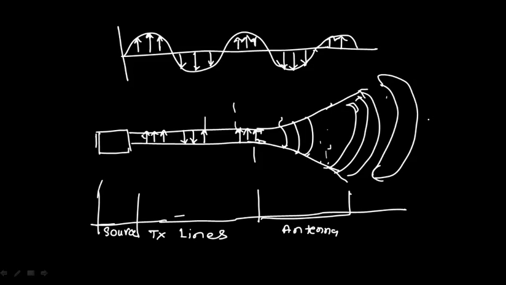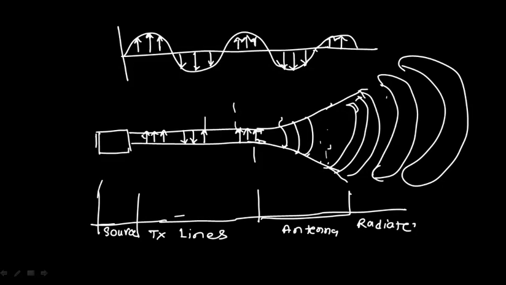And whatever after this antenna, यहाँ पे जो भी आपको मिल रहा है, whatever you are receiving here is nothing but the radiated free space wave. ठीक है, so you can say this antenna as a transmission device. This is the source. ठीक है, this is transmission line जहां तक आप फ्लेयरिंग, ये पूरा स्ट्रक्चर को आप एंटीना बोलेंगे, and these are the radiated free space waves. So this is how your antenna works.